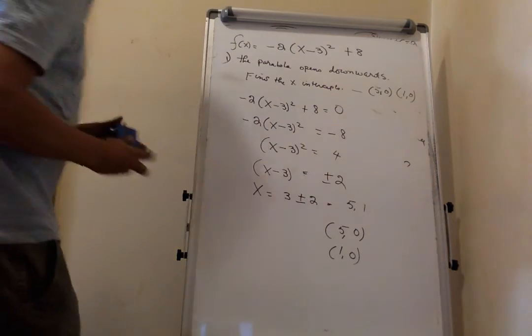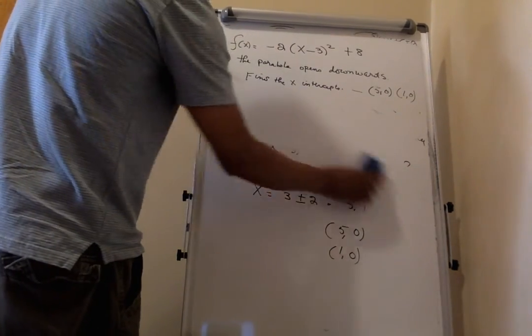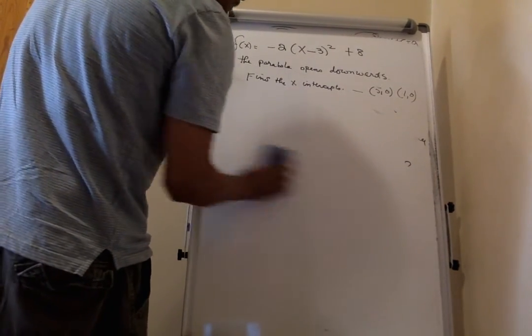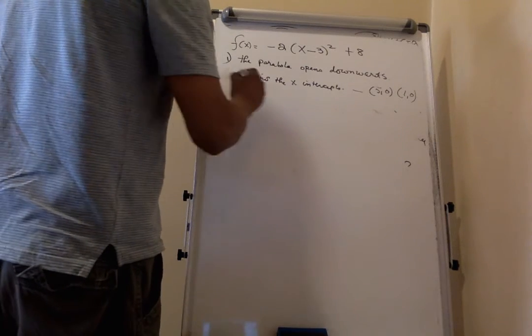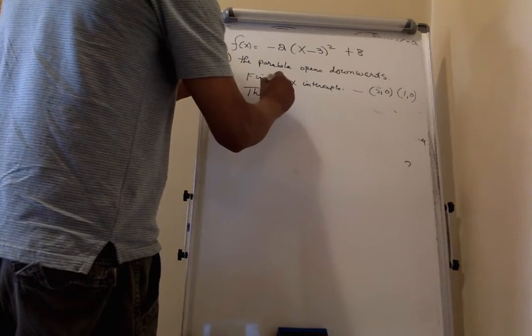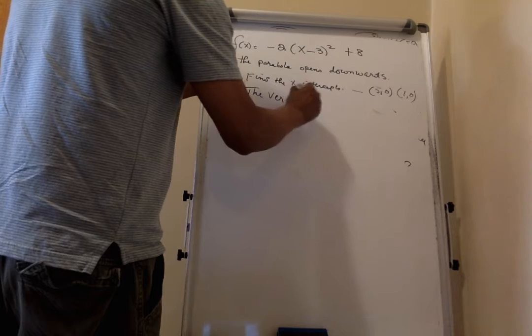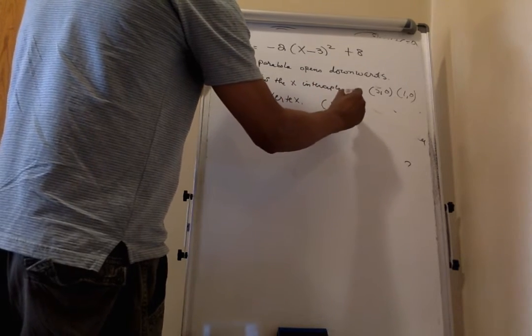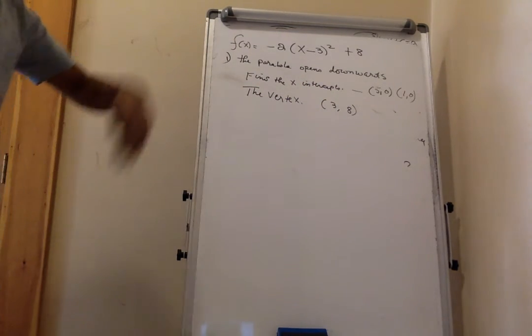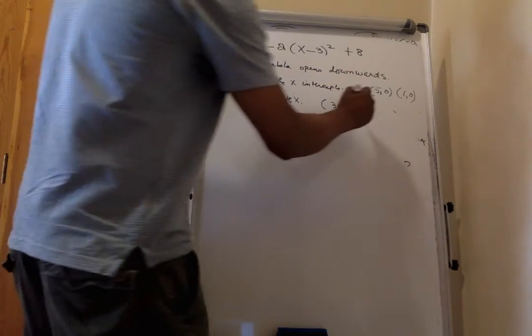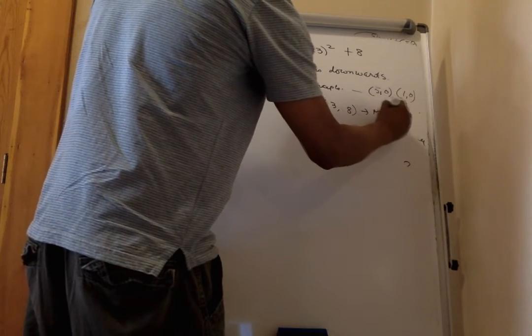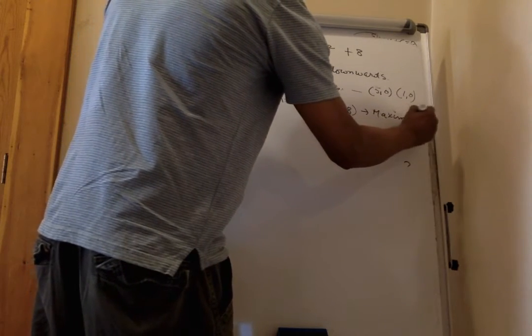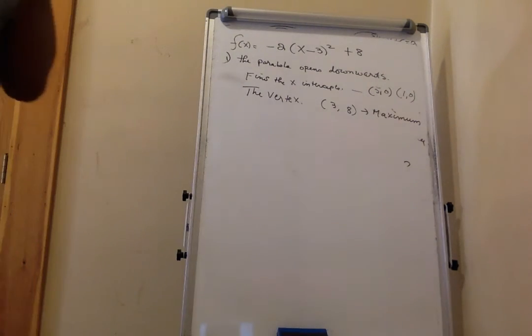The one that we did not do is the vertex. The vertex is 3 and 8. And this is because it is going down, it is the maximum. The parabola has a maximum.